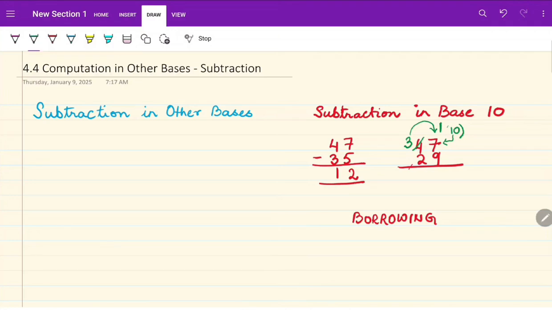We add the 10 to the 7, which makes it a 17, which makes the value on top 17. And we subtract the 9 from the 17, because now there's enough in 17 to give away 9. So 17 minus 9 is 8, and we write that here.